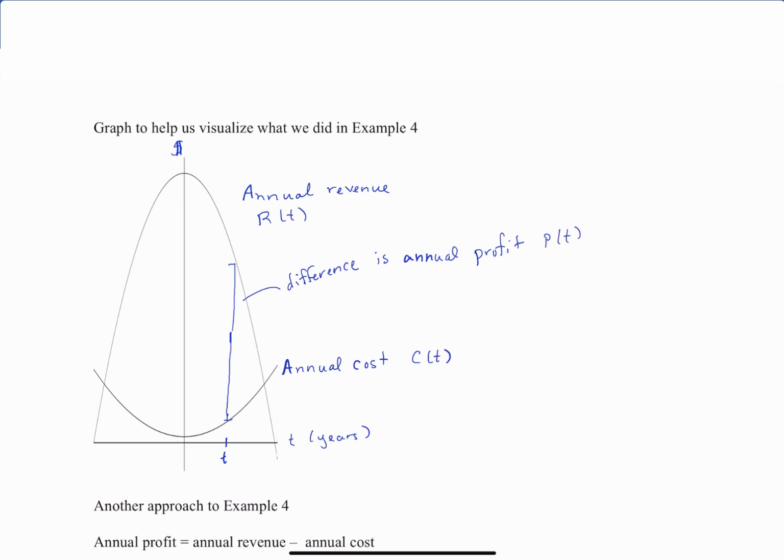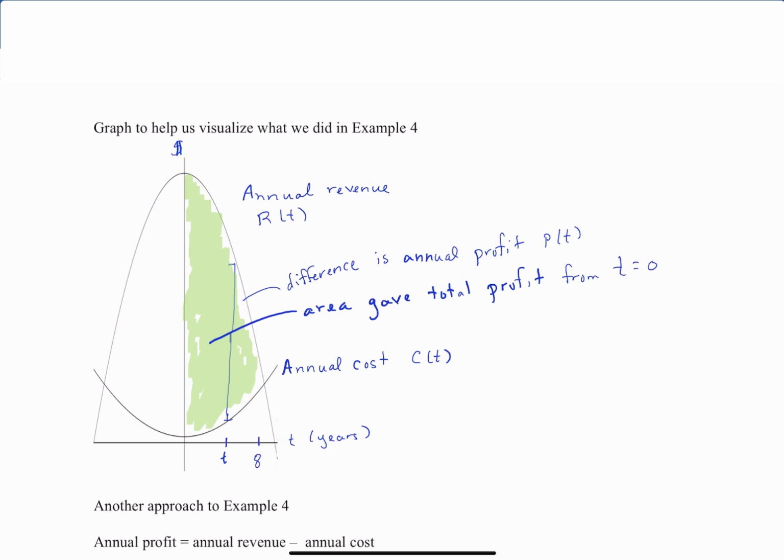So what we did is we took the area between those two curves, and that gave us total profit from time t equals 0 to, well, we were only interested in looking at that for as long as the revenue was above the cost, and we determined that the switchover happened at 8 years.